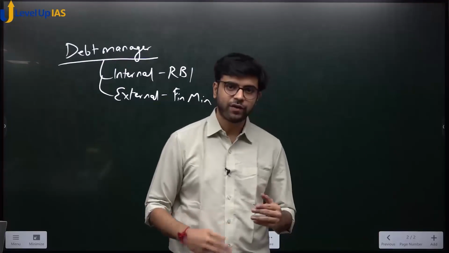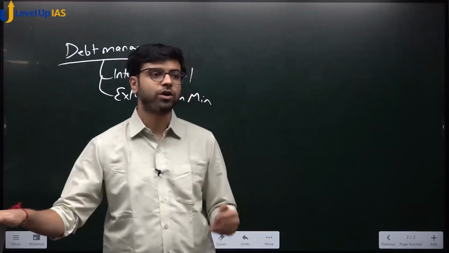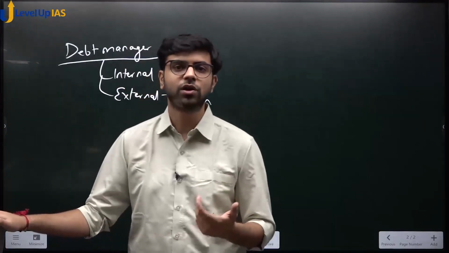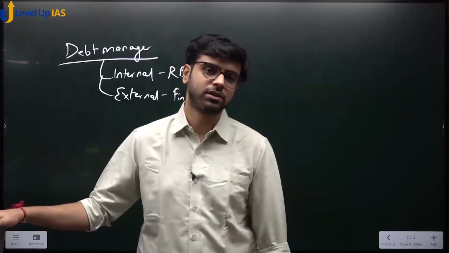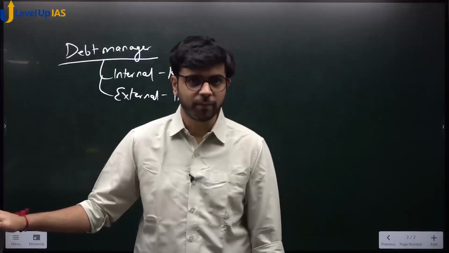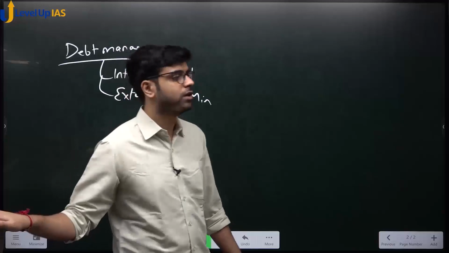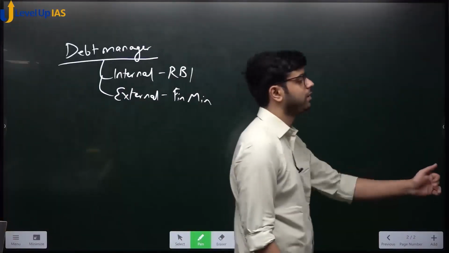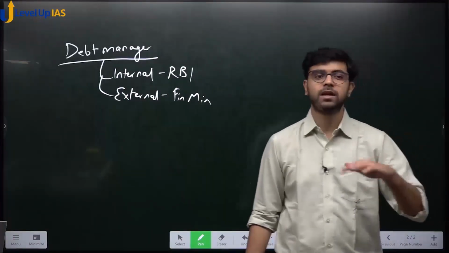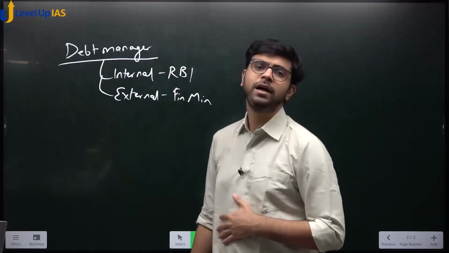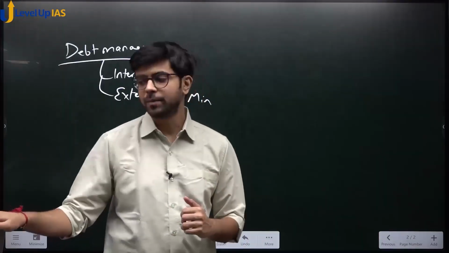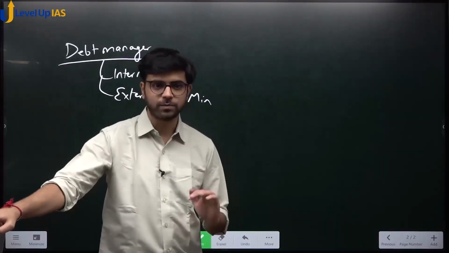A higher rate or a lower rate of interest on securities? The highest possible rate of interest or the lowest possible rate, because government has to give interest on that. So RBI will try to keep rates as low as possible.